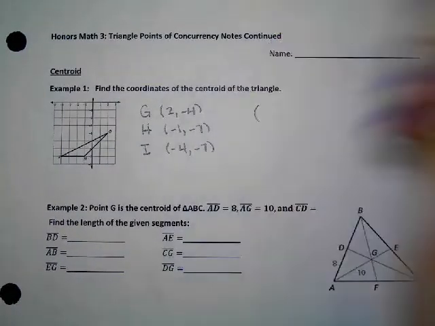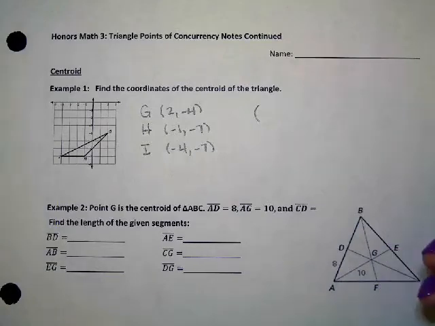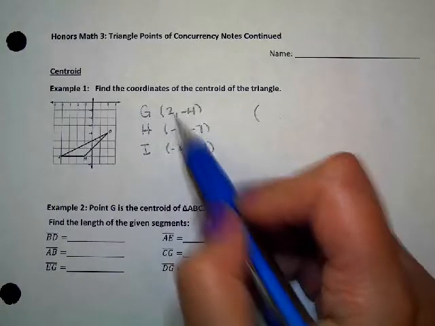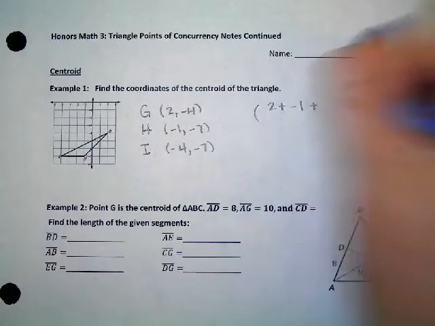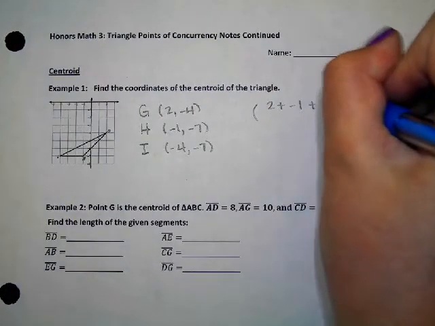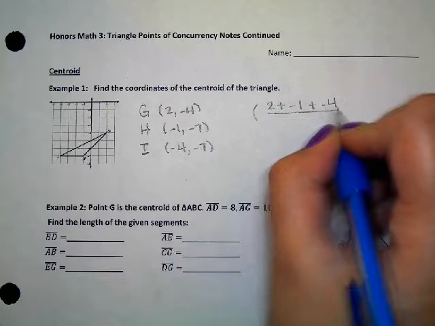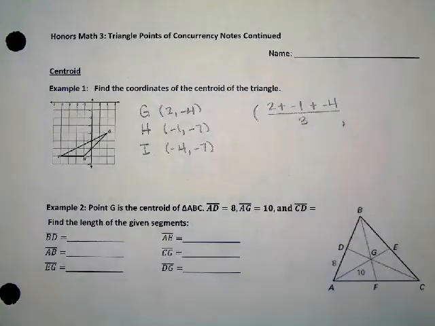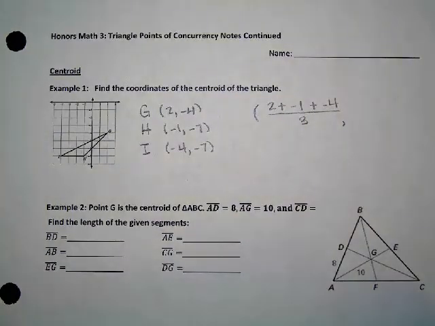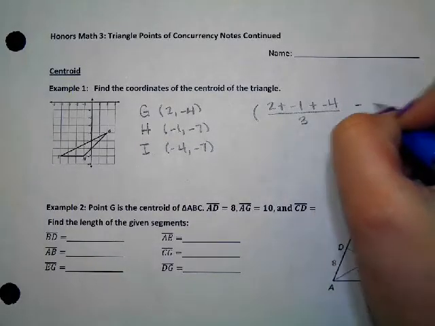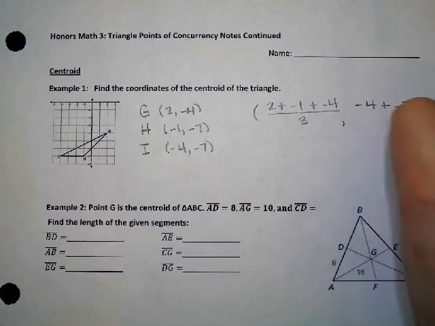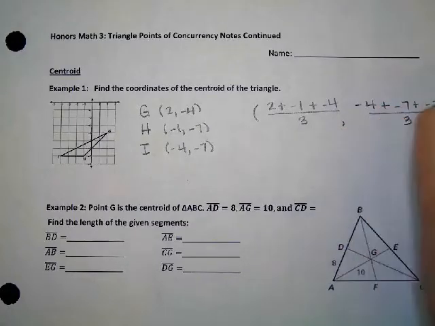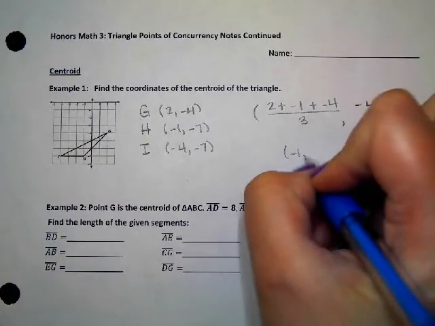So we're adding up all of those x coordinates and dividing by 3 to find the average. -1, perfect. -6. Anyone else want to confirm, are we getting -6?